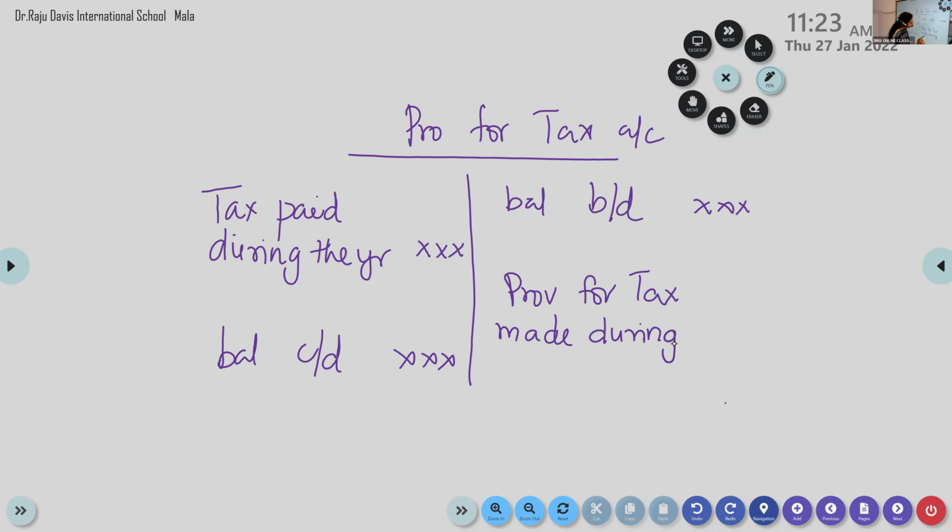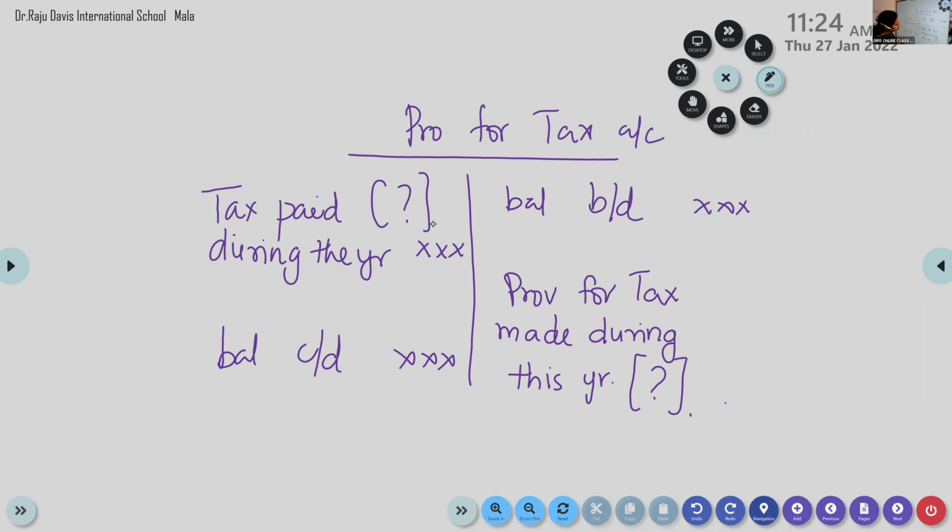Based on the data available in the question, you have to prepare the account and find the figures. B/D and C/D will be given. Sometimes tax paid will be given, so the balancing figure will be the provision made. Or if provision is given, whatever balancing figure you get will be tax paid during the year. Is it clear?